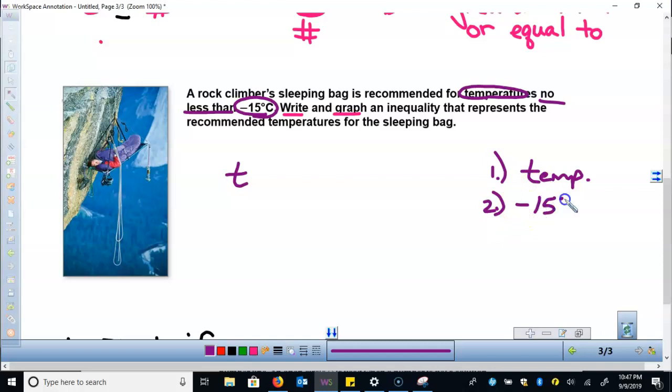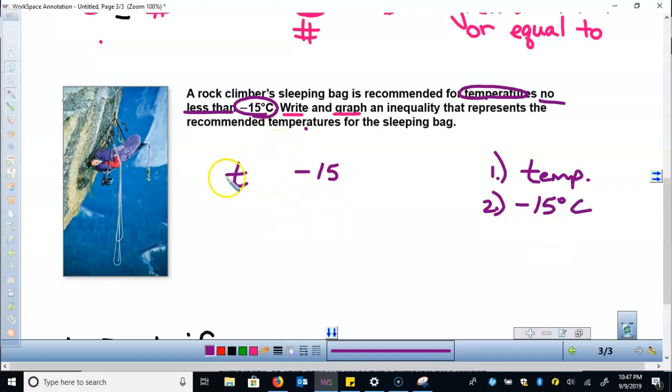And in this case, negative 15 degrees Celsius is an essential value. We're literally comparing the temperature that the sleeping bag is recommended in to the negative 15 degrees. All right. Now we have the words no less than.